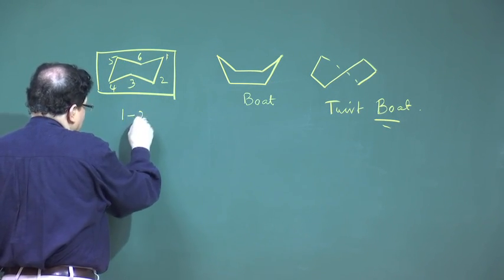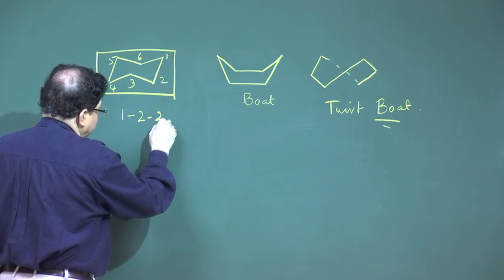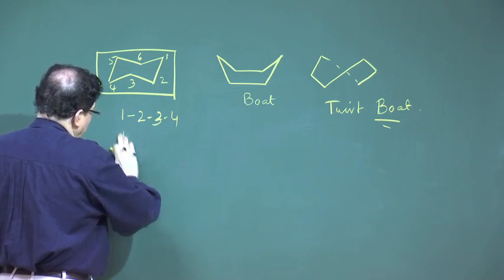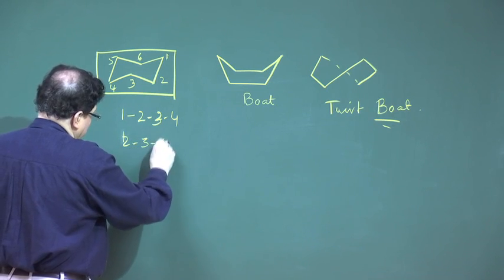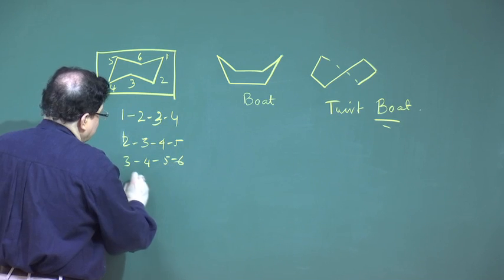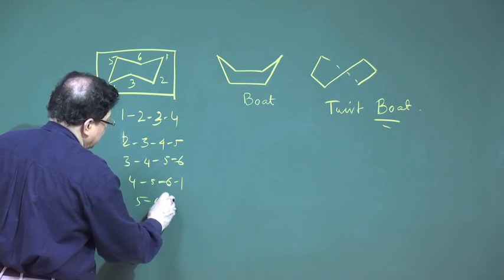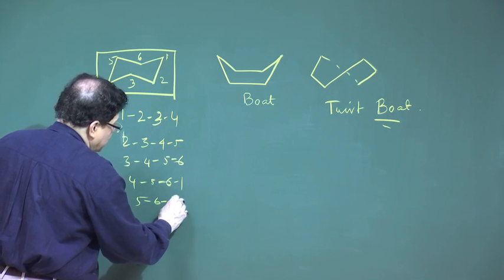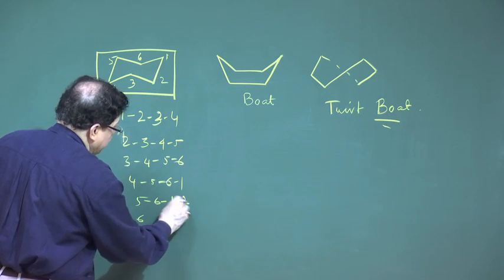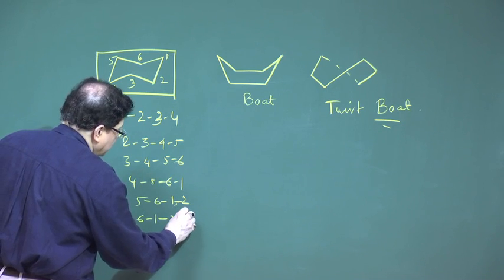6 butane units: 1, 2, 3, 4, then 2, 3, 4, 5, then 3, 4, 5, 6, then 4, 5, 6, 1, then 5, 6, 1, 2, and then 6, 1, 2, 3.